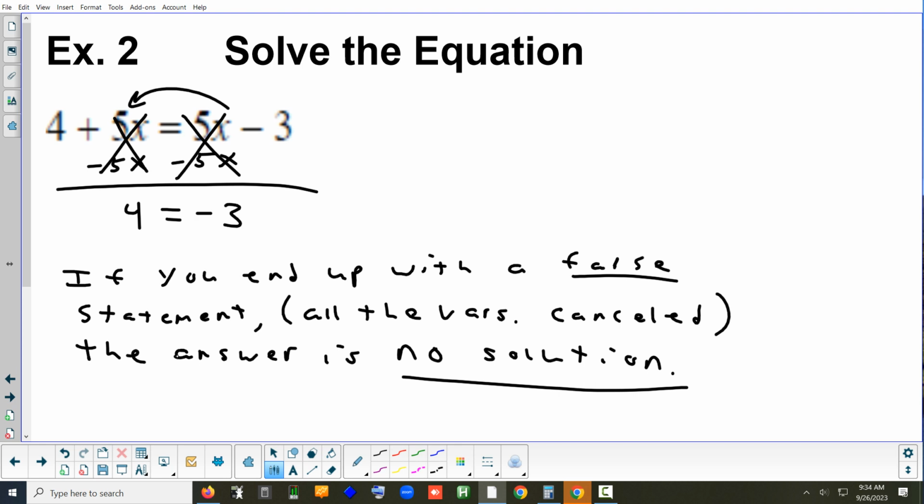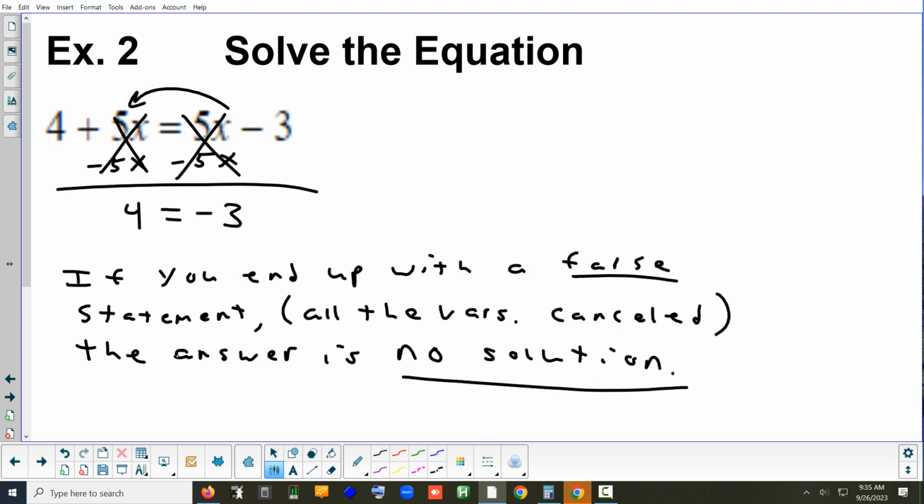Okay, it doesn't happen a lot. And in every problem that we did last week and the ones we did yesterday, it never happened. But if all the variables cancel out and you end up with a false statement, you want to write down no solution. So that's the answer to this one.